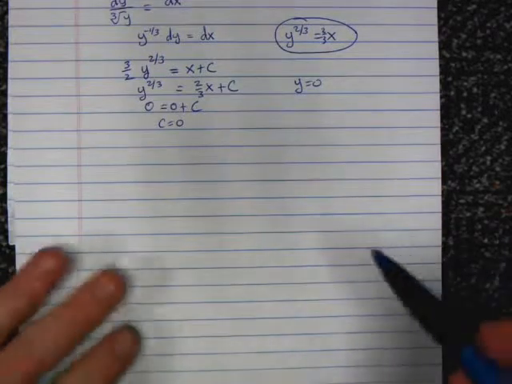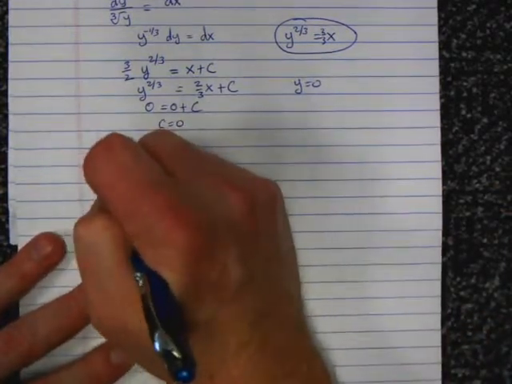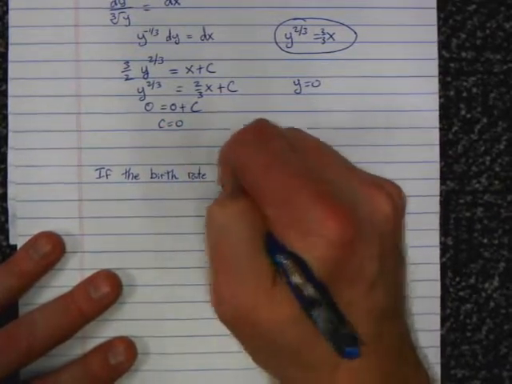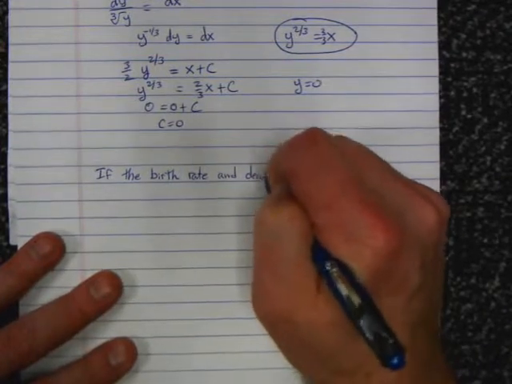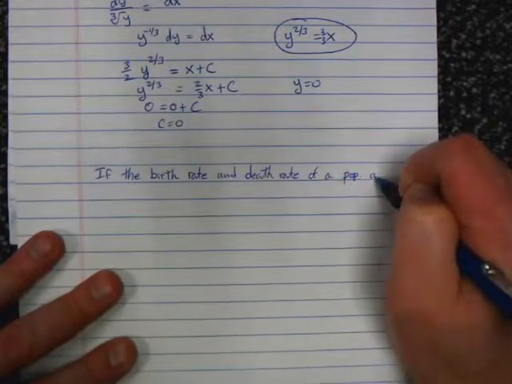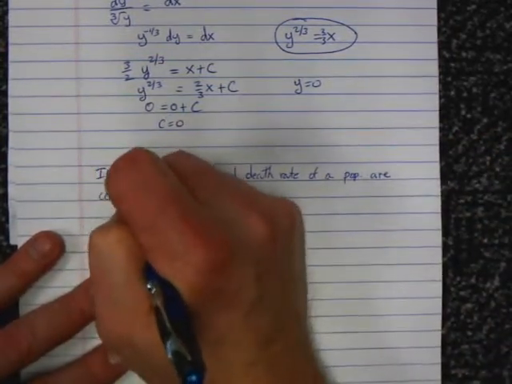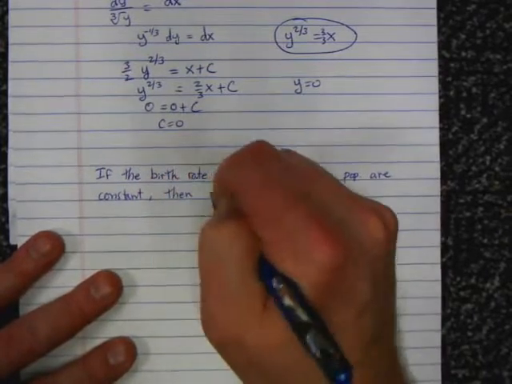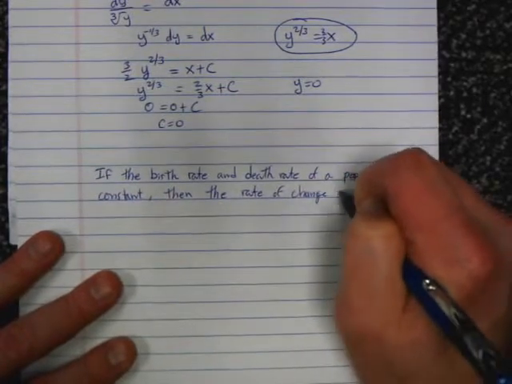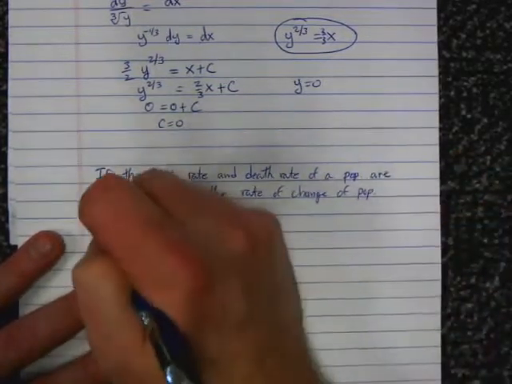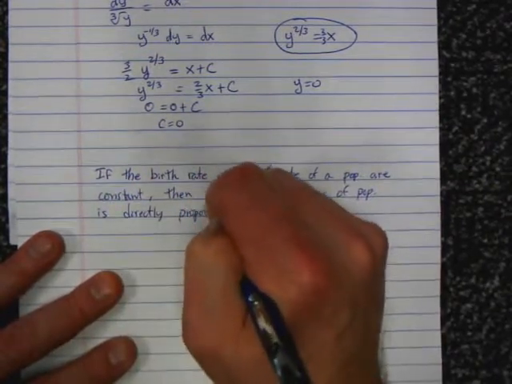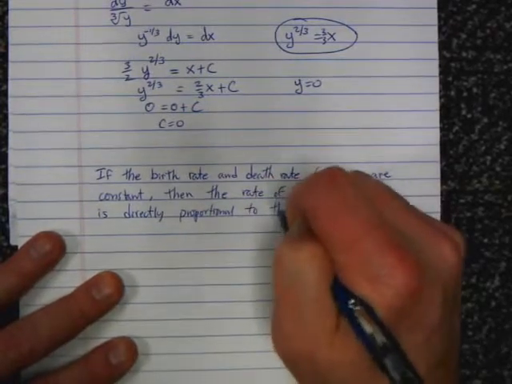For example, if the birth rate and death rate of a population are constant, then the rate of change of population is directly proportional to the population.